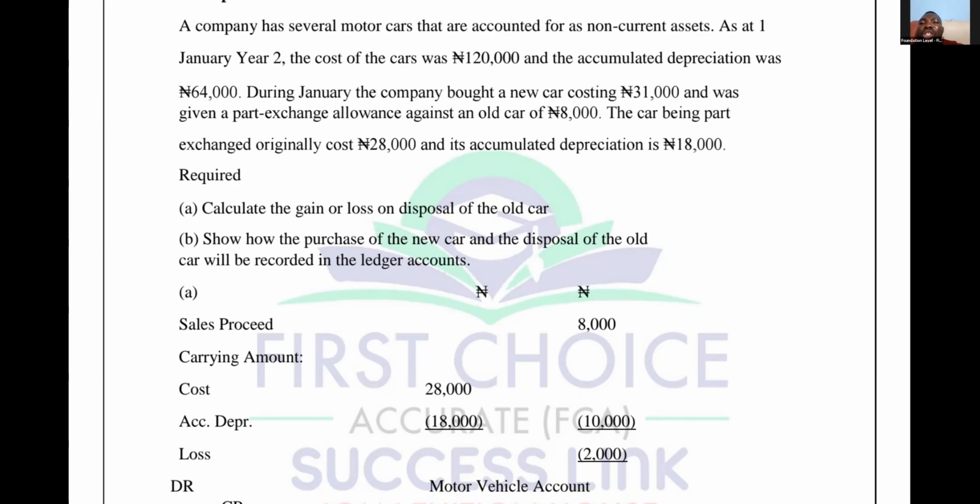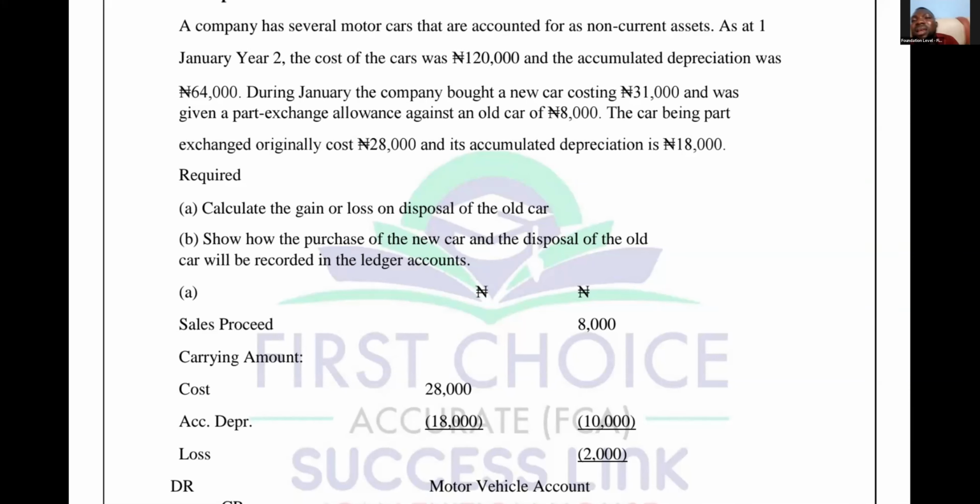Then part B: show how the purchase of the new car and the disposal of the old car can be recorded in the ledger accounts. In order for us to do that, we need to follow the initial steps that I explained earlier. It is actually the same.